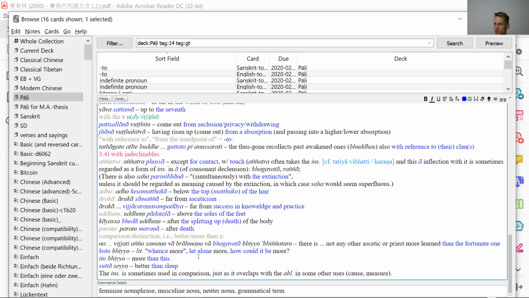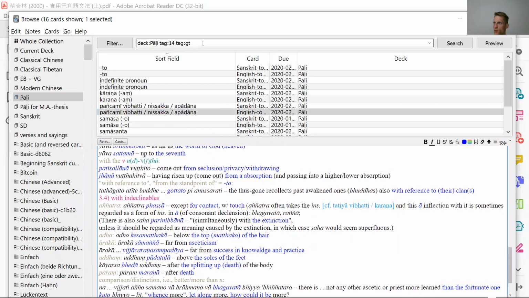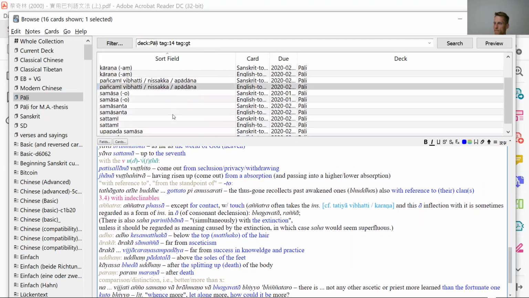And lastly, the instrumental is sometimes used in comparison, just as it overlaps with the ablative in some other uses, for example, cause or measure. Now, the second part about the Upapada Samasa.